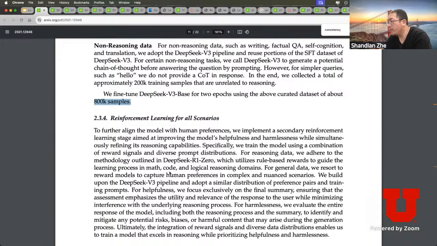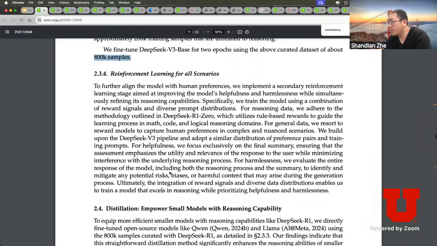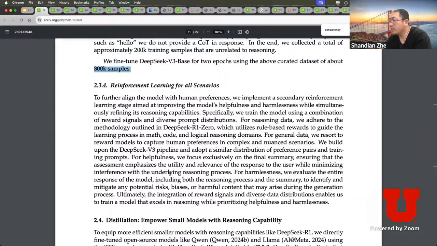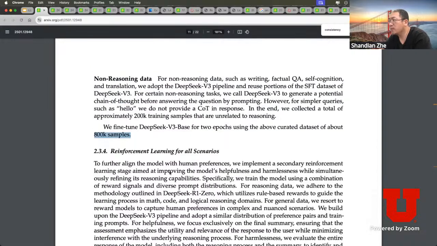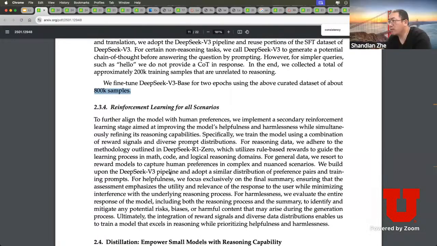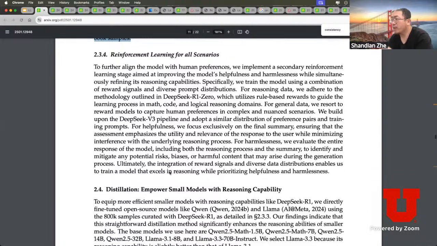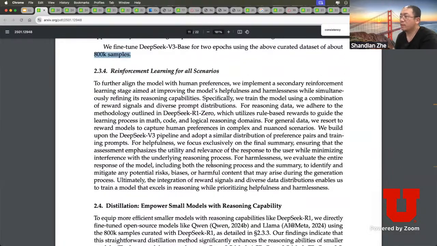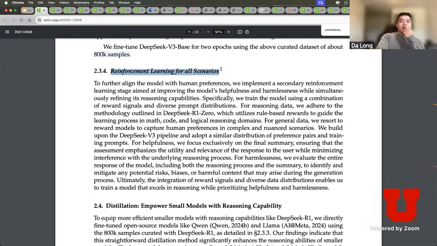And where is their reinforcement learning data from? Is it some open source data, or did they prepare the reinforcement learning data by themselves? You mean questions? Yeah. In reinforcement learning, you need to prepare some data, right? But for reinforcement learning, you just need to prepare the questions, right?